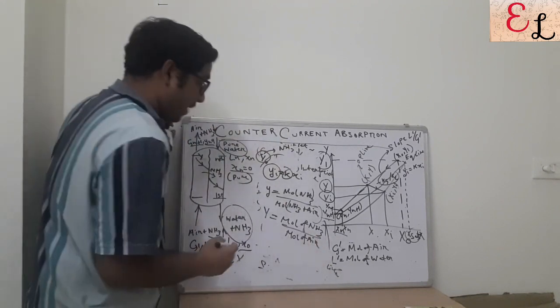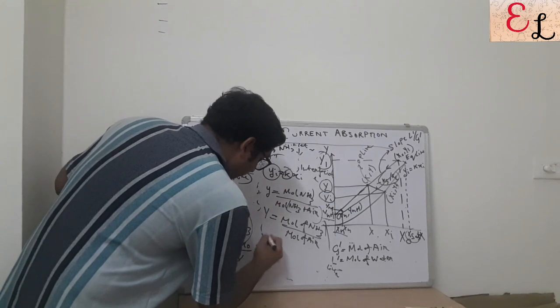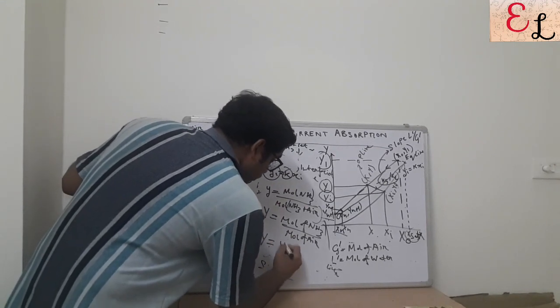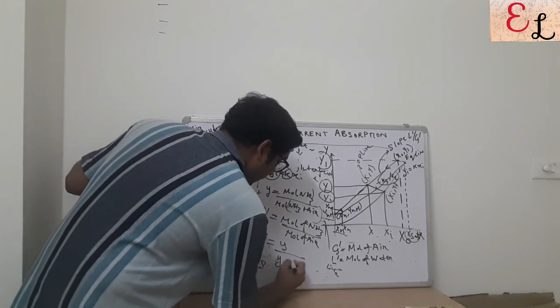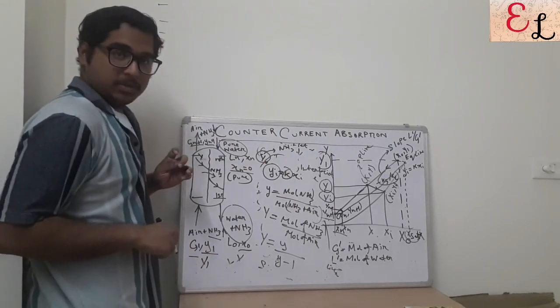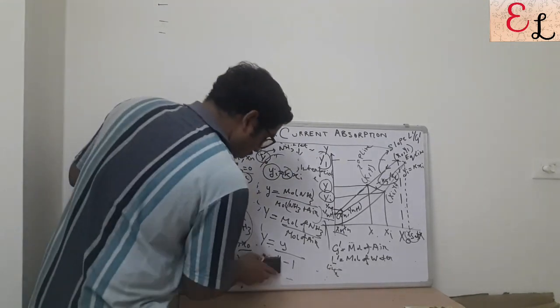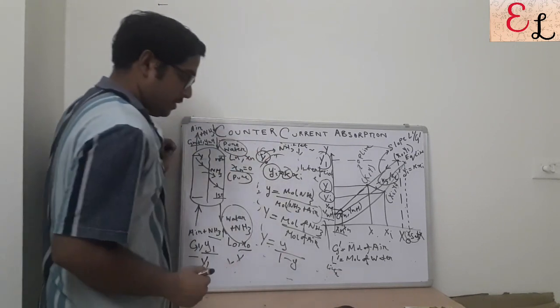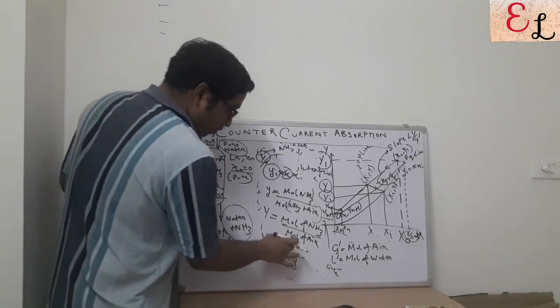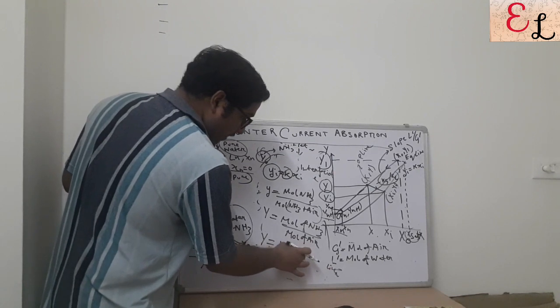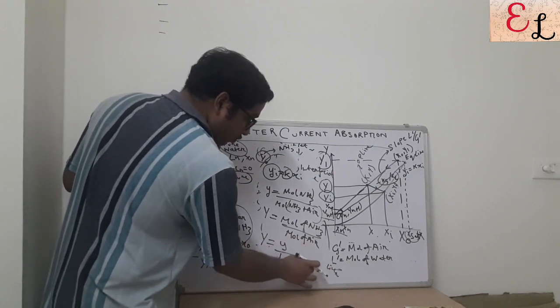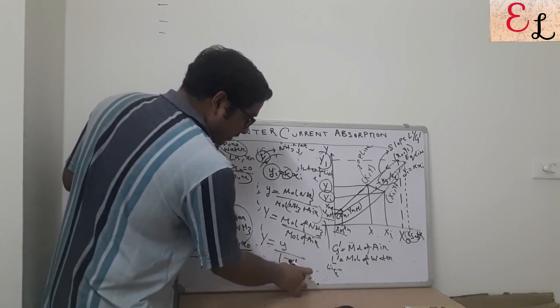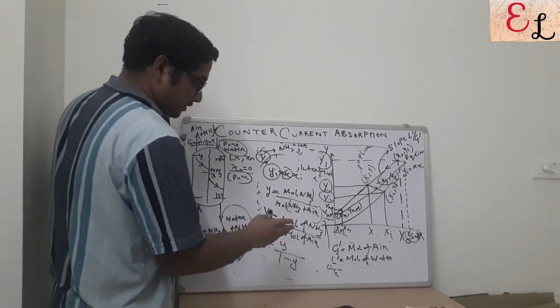So if we strike a balance, it is nothing but capital Y equals small y by 1 minus small y. That is, if we do moles of NH3 by moles of NH3 plus air, 1 minus moles of NH3 by moles of NH3 plus air, it is going to strike a balance.